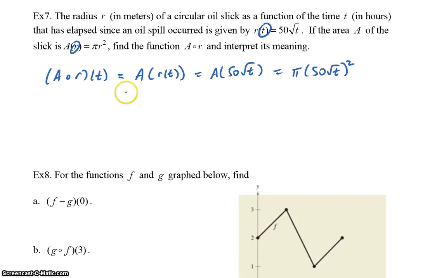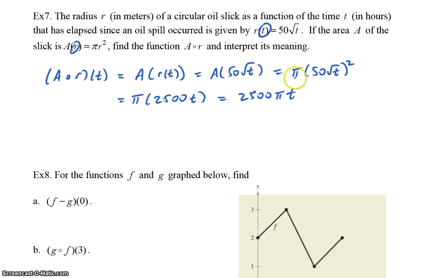Now simplifying, 50 squared is 2500. Square root of t squared can just be written as t. So our function becomes 2500 times pi times t.